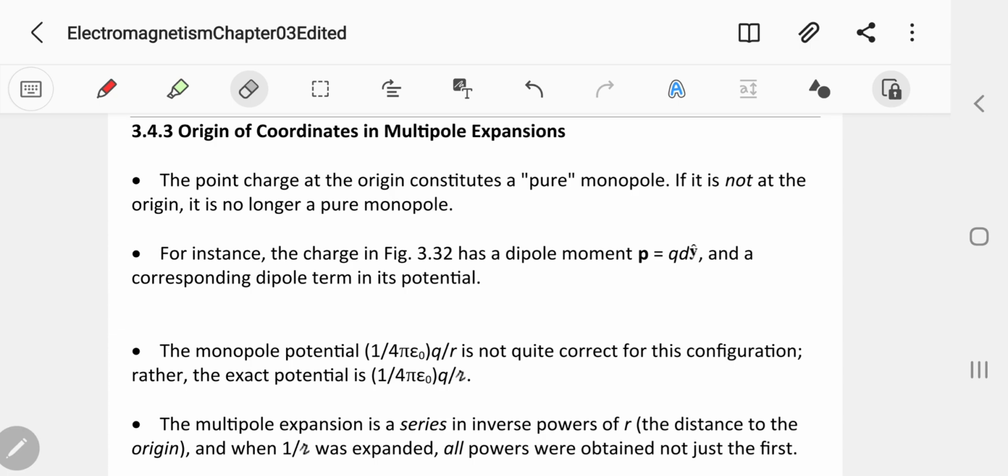But if you shift the charge away from the origin, then the monopole would not be the exact one. You have to subtract the distance from the original position to the new position of the charge. So that's what it says here.